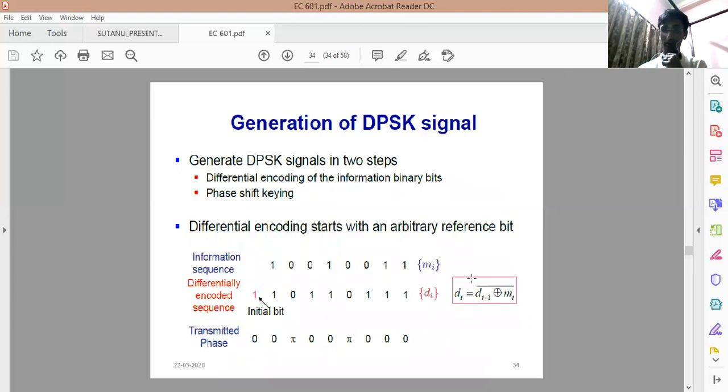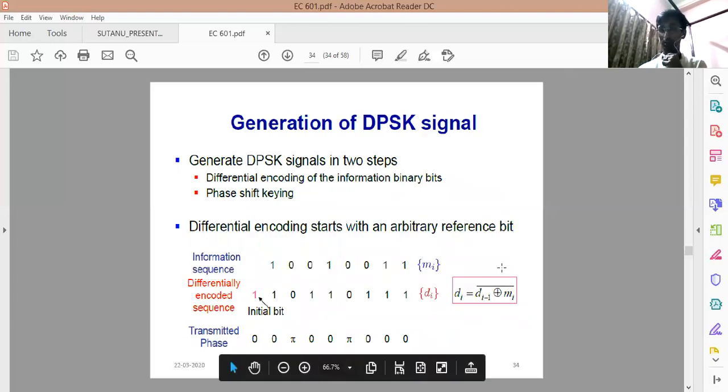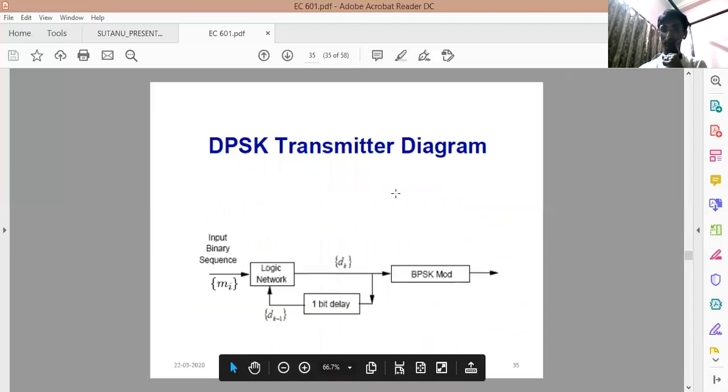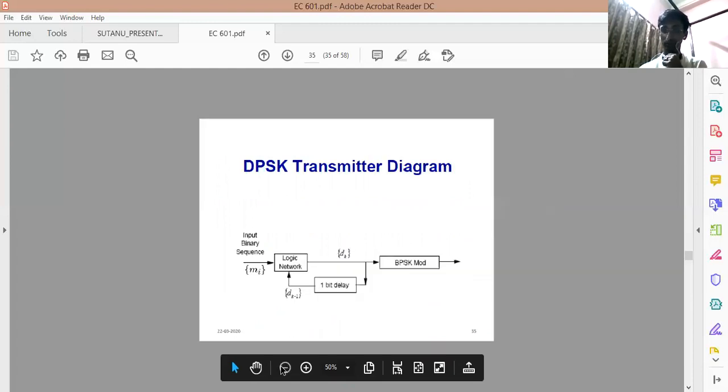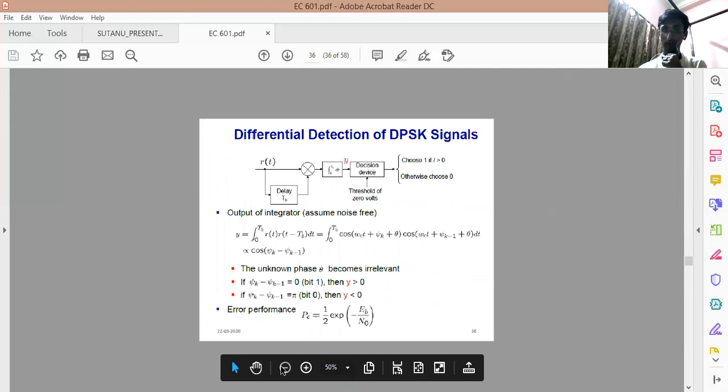What I need is an XNOR operation between the extra bit and the present message, and you are getting some phase. Using that, you can implement it in your transmitter. And this is the DPSK detector, you know everything.